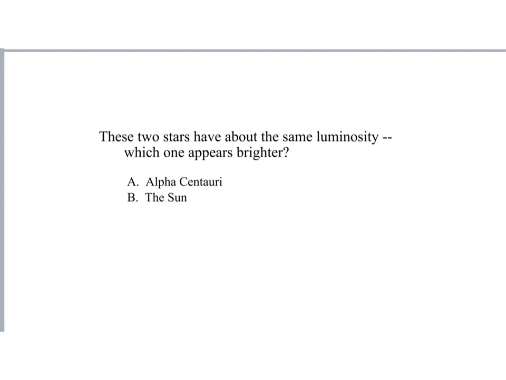So here's one question. There are two stars that have about the same luminosity. Again, total power output, intrinsic, like at their surface. These are the stars, Alpha Centauri and the Sun.